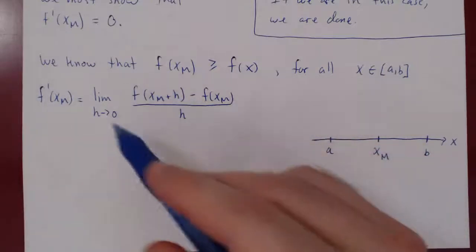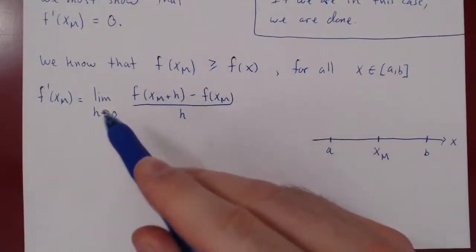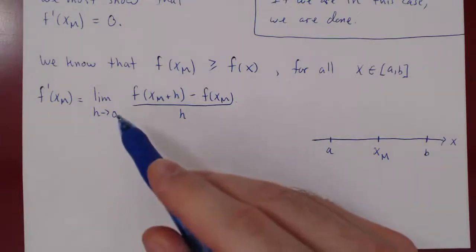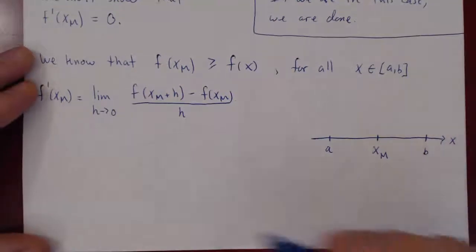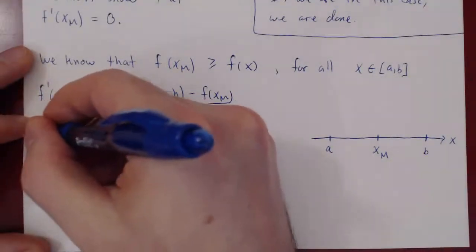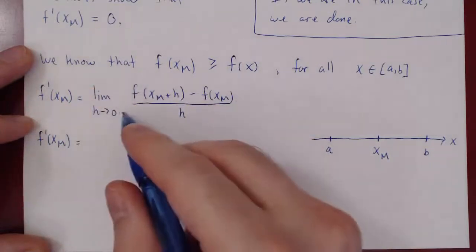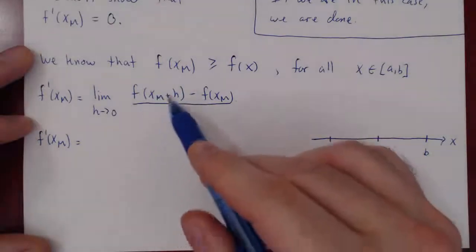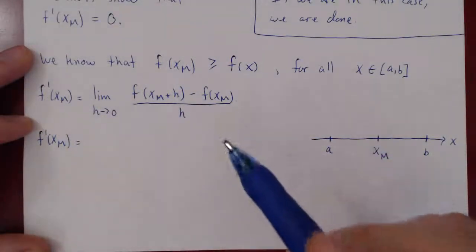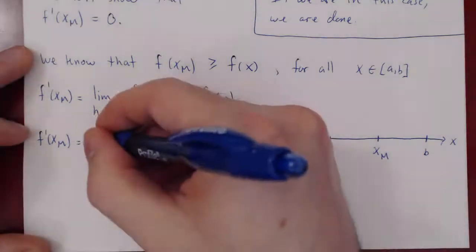Well, because this limit exists, we can let h approach 0 from the left or from the right. In either case, the value will be the derivative of our function. Because the limit exists, the limit from the left and from the right must be equal.